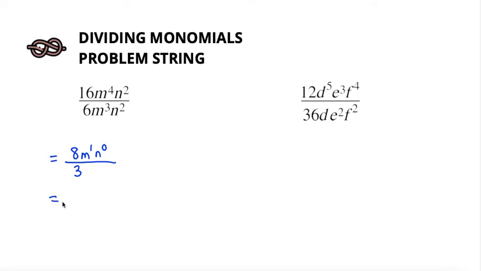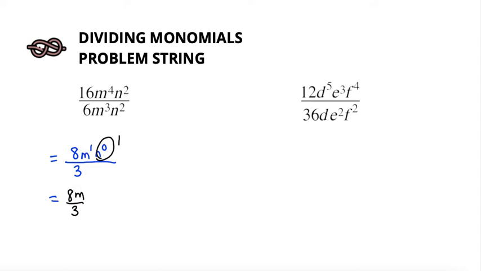Now remember, we can simplify this further because we have an exponent of 0, which means that this turns into 1. And because this is 1, then we know that really we're just going to be left with 8m over 3. Because this is 1, anything multiplied by 1 is just itself.